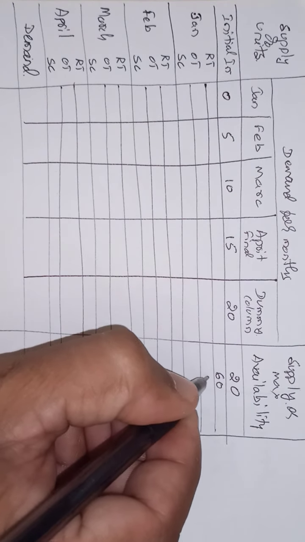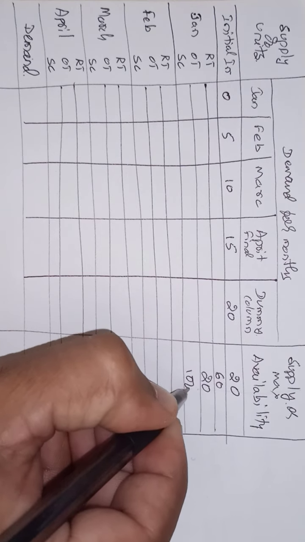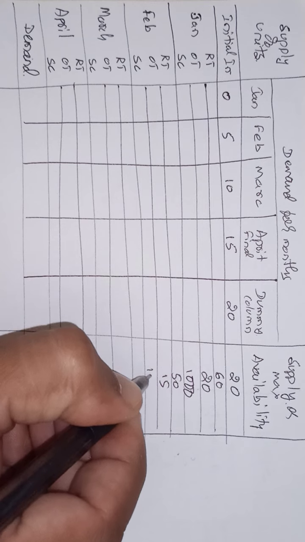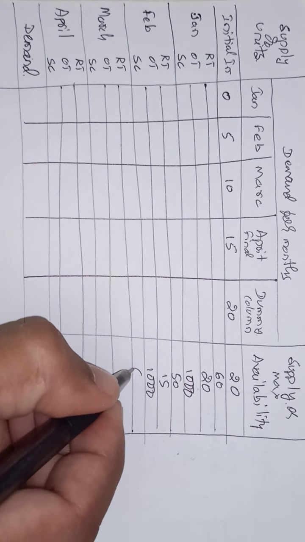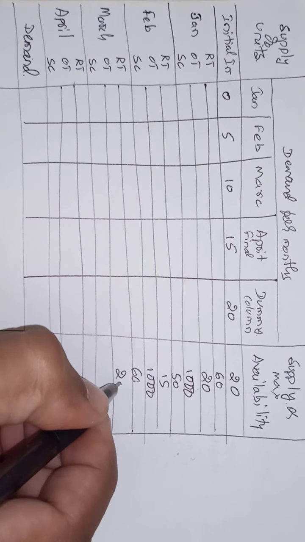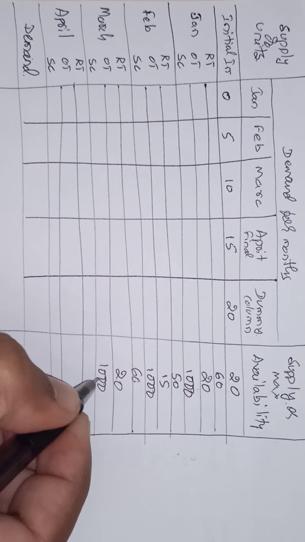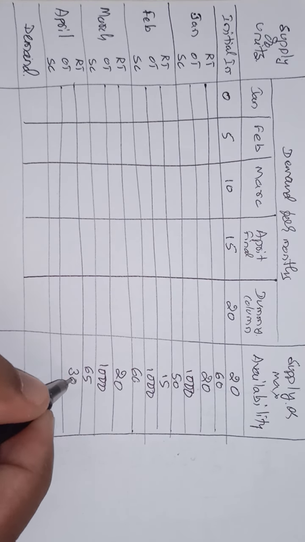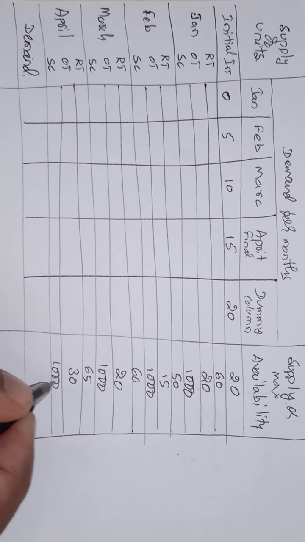So here 60, 20,000, 50, 15,000, 60, 20,000. These values are all given in the problem statement, so directly from that we are adding them over here.